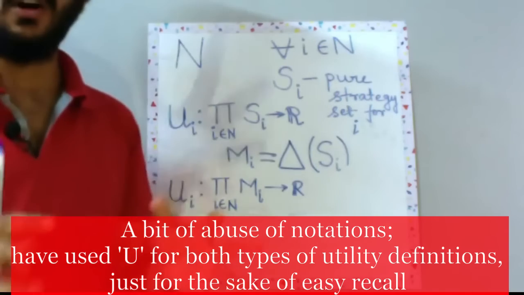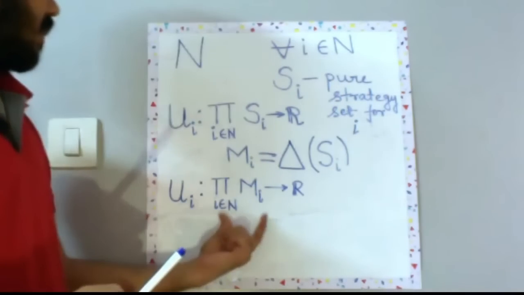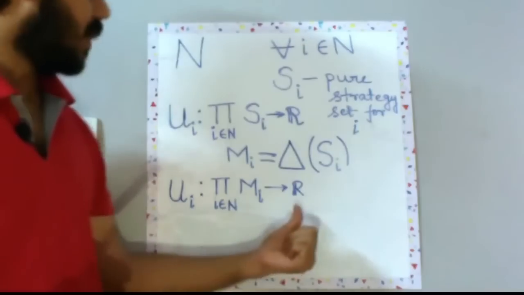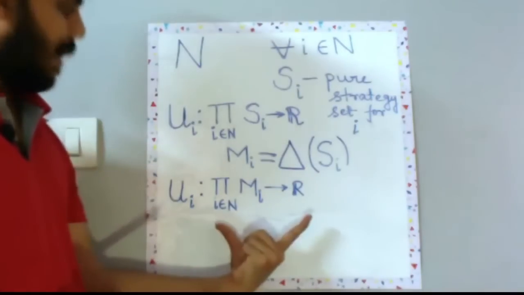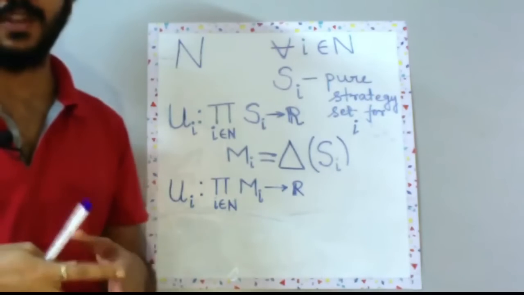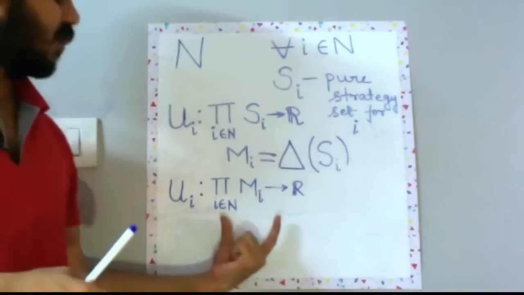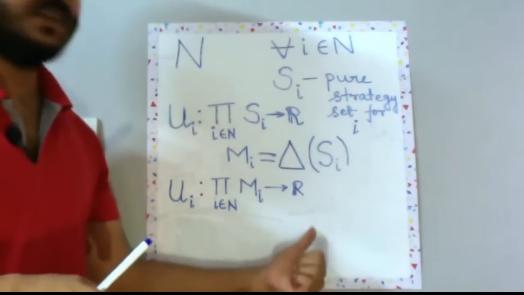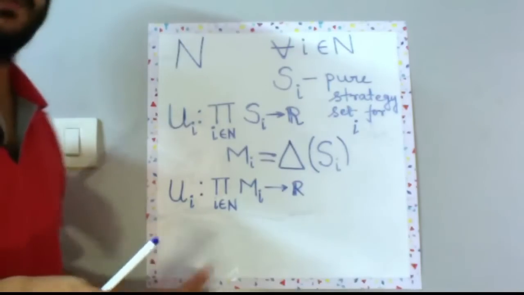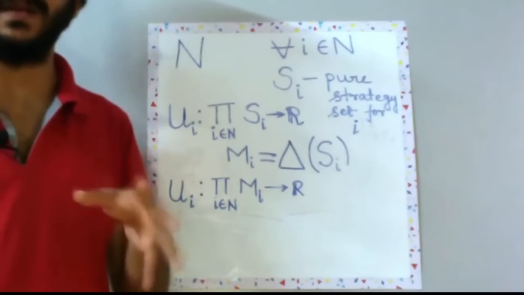So if we take all the probability combinations for all the players, that set to real number line mapping is known as the utility for player i. So I'll rephrase that: a mapping from the product set of probabilities to the real number line is the utility for player i. This is my mixed strategy utility for player i.